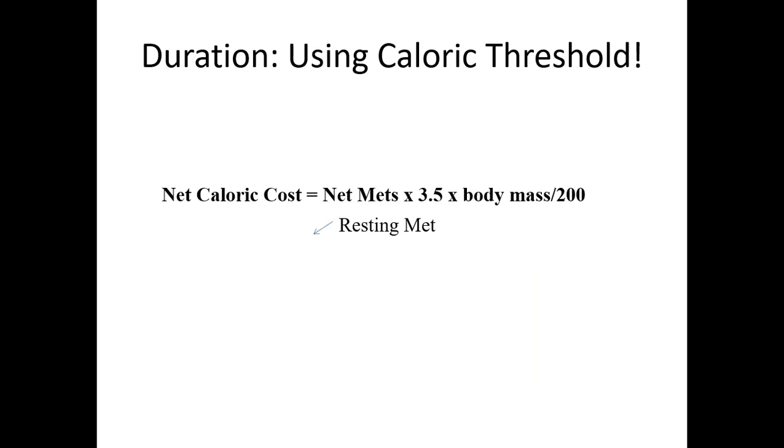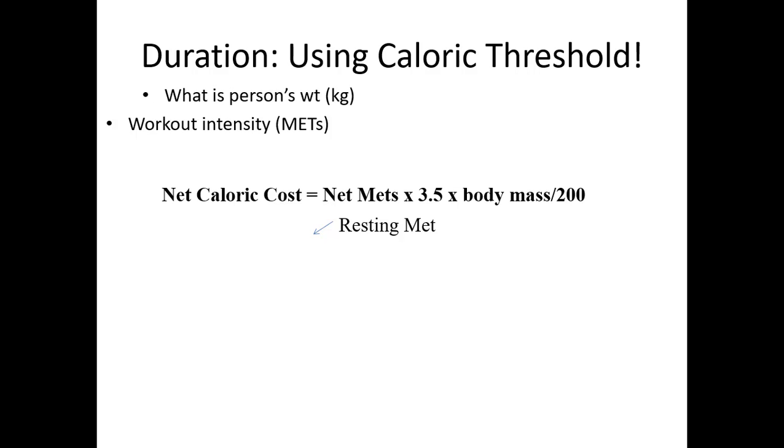So to calculate kilocalorie per minute, yeah, we call it caloric threshold. Actually it is the net calorie threshold, the net calorie cost, so you must subtract its resting part. It's a little bit confusing, but I will show you.